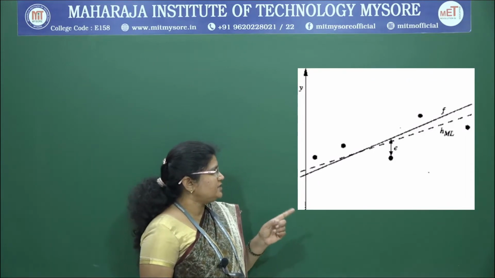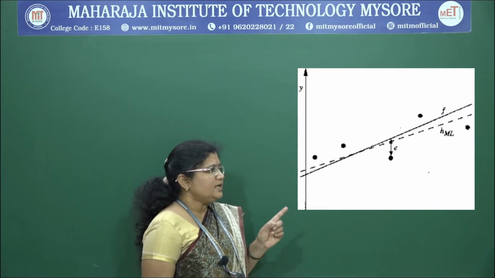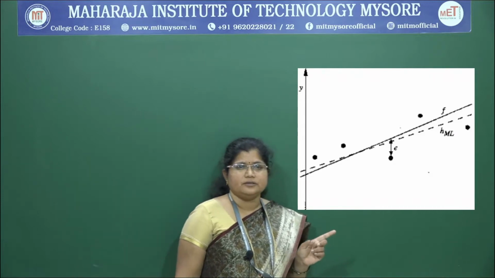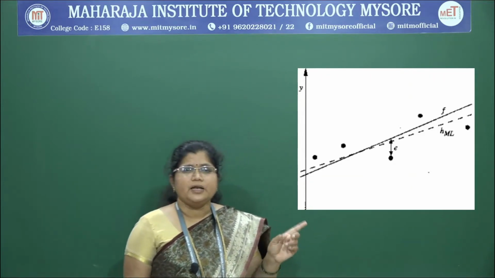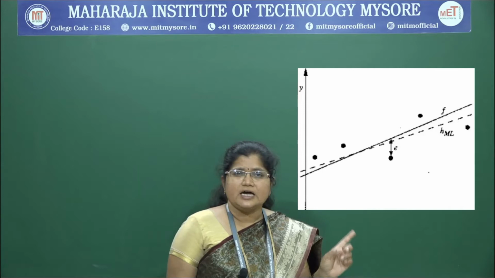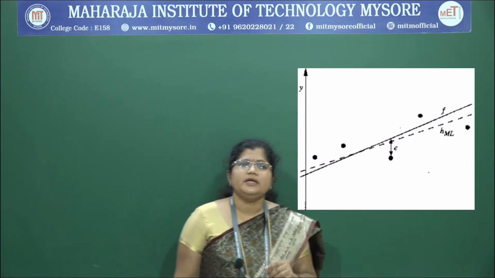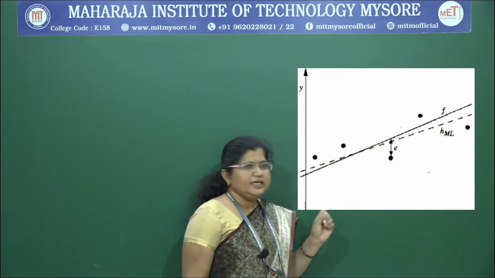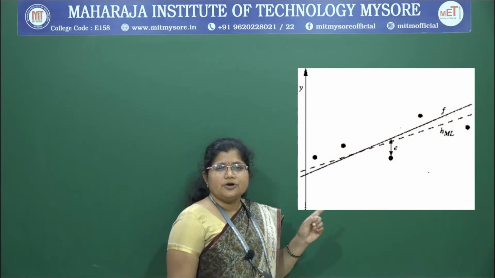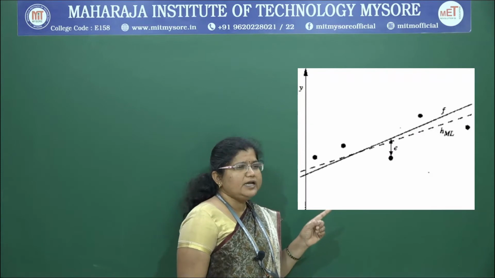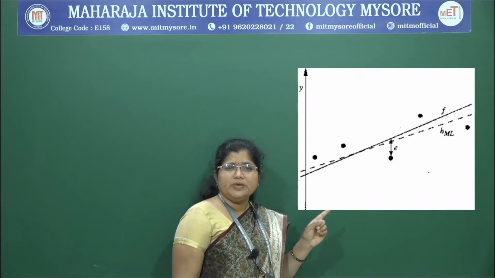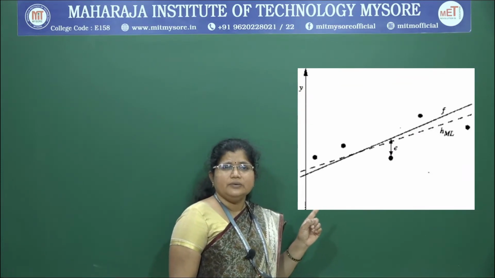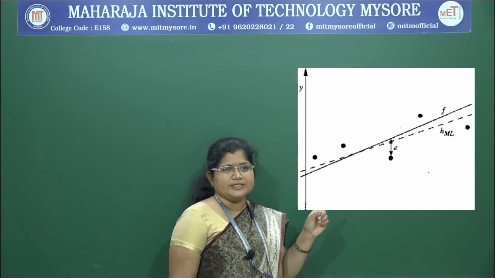The training examples xi and di are assumed to have normally distributed noise ei, with zero mean, added to the target value f of xi.